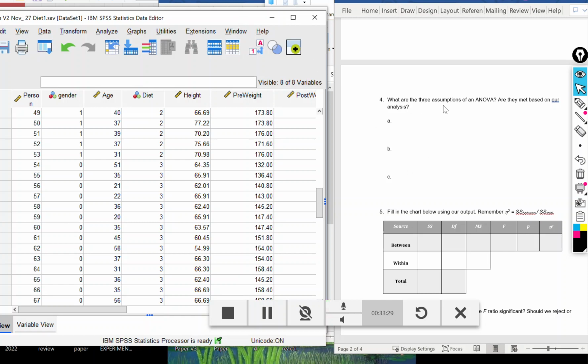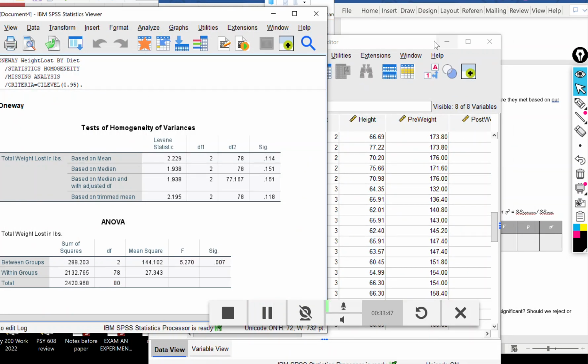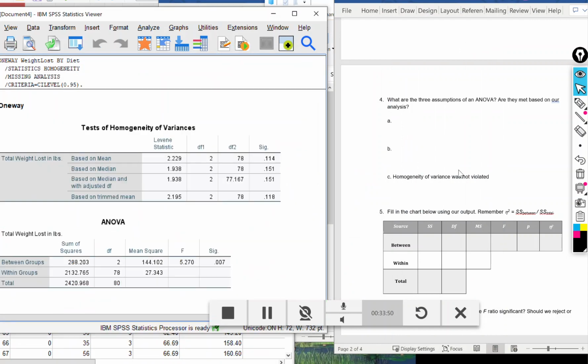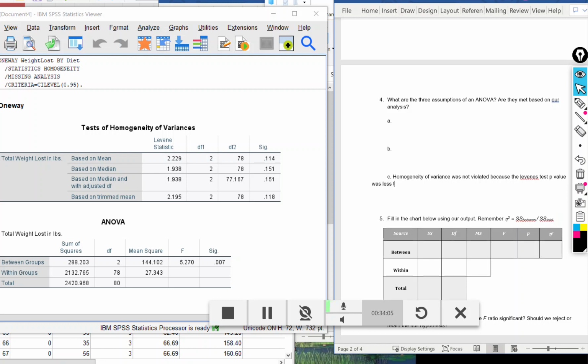The homogeneity of variance assumption was not violated because, as we see here, the Levene's test p-value was greater than 0.05.